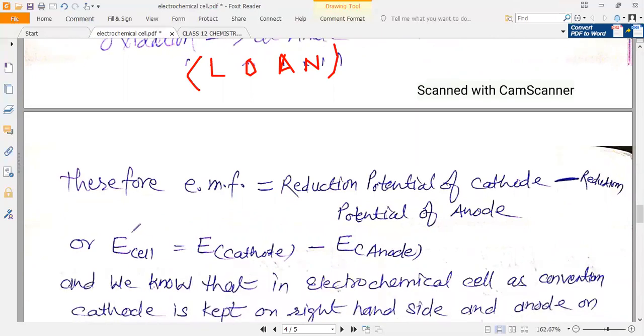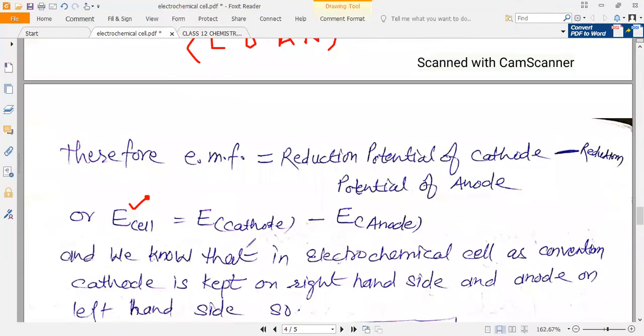So in a simple and effective way, we can write E cell. E cell means electromotive force of the electrochemical cell is equal to electromotive force at cathode side minus EMF at anode side. And we know cathode is on the right hand side, and anode is on the left hand side.